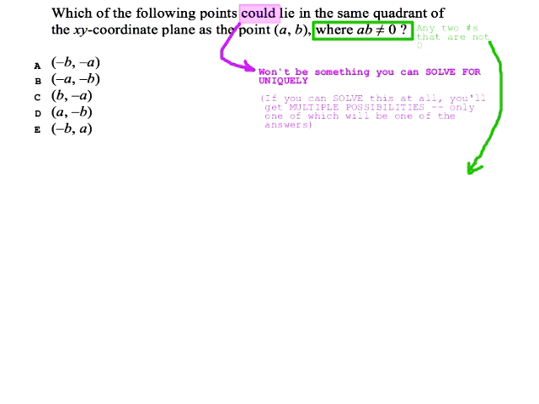So you can also use smart numbers, but you have to realize that you might come up empty. Your first choice or choices of numbers may not work for any of the choices.